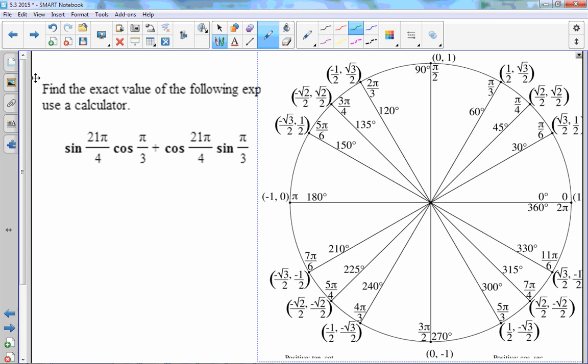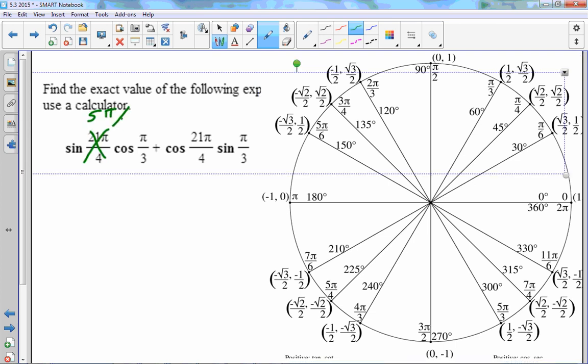Just take 21 over 4 on the calculator and subtract 2, and I think I have to do it twice, probably. All right. So, yeah, the coterminal angle is 5 pi over 4. So it would be the same thing here. All right, now we can find it. Okay, so sine of 5 pi over 4 would be negative square root of 2 over 2.